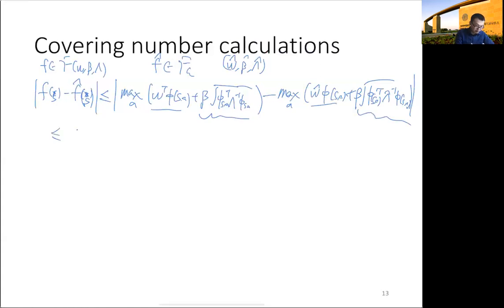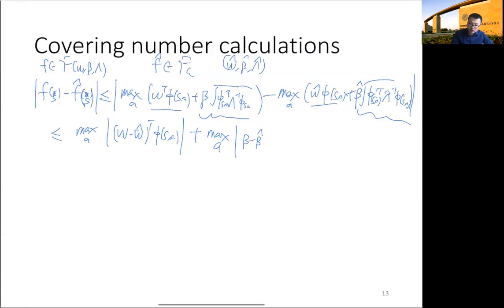So this is smaller than max over a of (W minus W hat) transpose phi of S A, plus max over a of the remaining term, W hat and beta hat. So we will have beta minus beta hat.